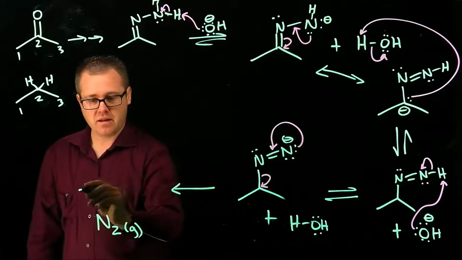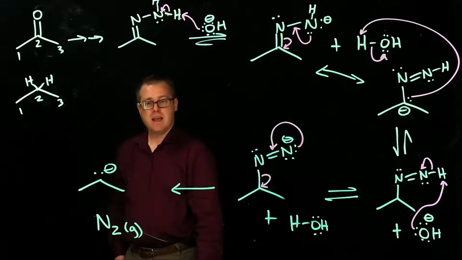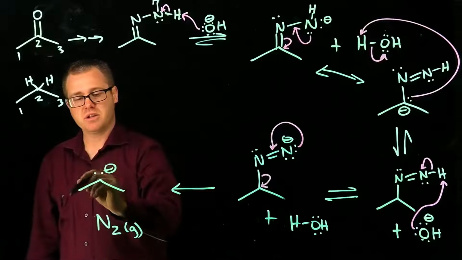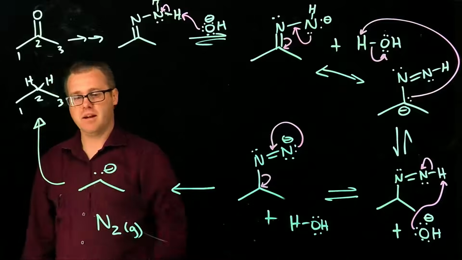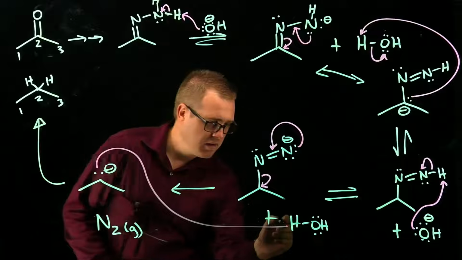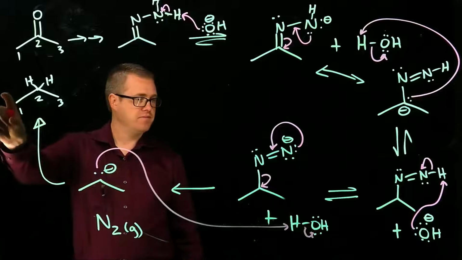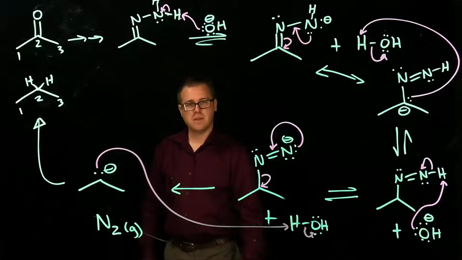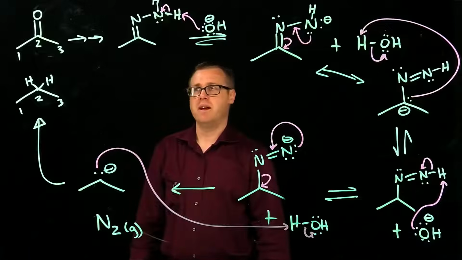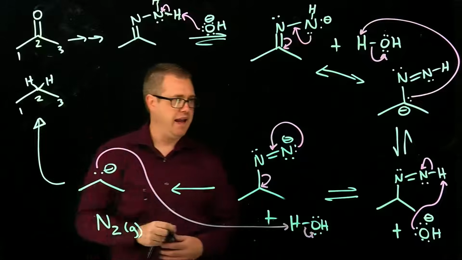And so that leaves us with that carbanion. And so now we just have to do another proton transfer to get us to our product, which is going to be right there. So where's some acidic protons? Right there. And then that is going to give us our product. Pretty slick. So the Wolff-Kishner, very, very important reaction, converting a ketone into an alkane.